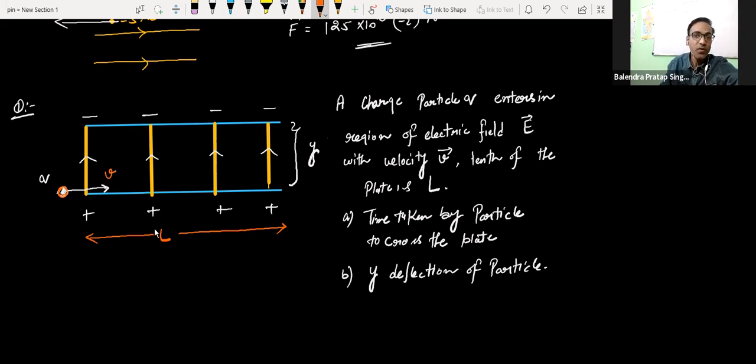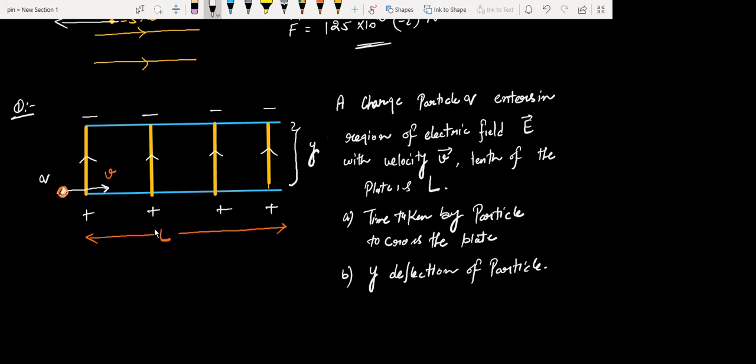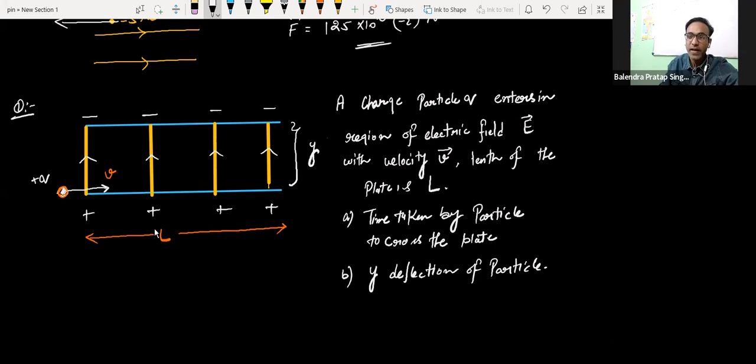It experiences a force. In which direction will it experience a force? Jasola, can you tell me? Upward. Yes, is it the y direction or the x direction? It's a positive charge q. Yes, y. It will experience a force in the y direction.